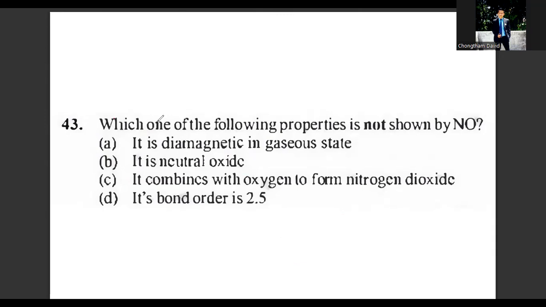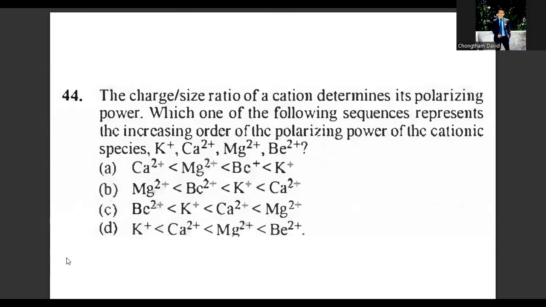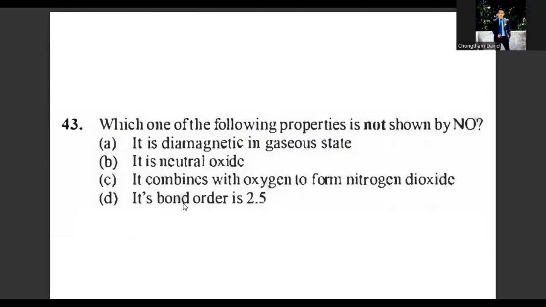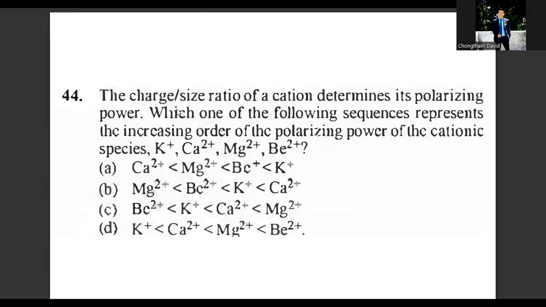So for 43, it should not show a diamagnetic character, because of the presence of an unpaired electron.